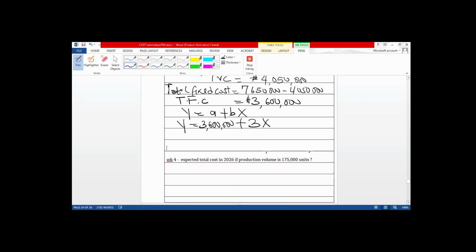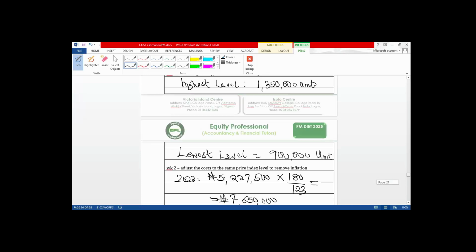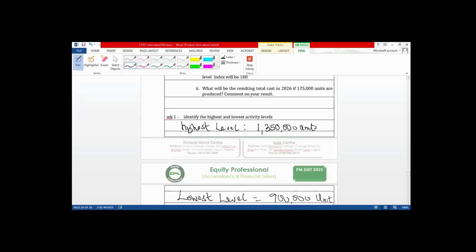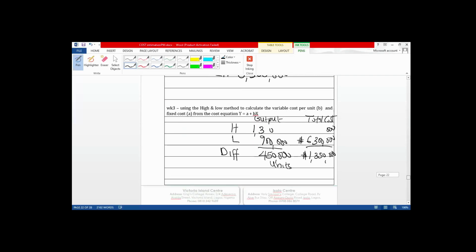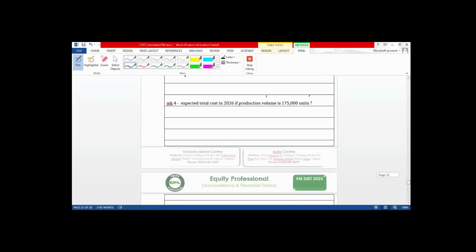If you look at the second part of the question, the examiner says, what will be the resulting total cost in 2026 if 175,000 units are produced? And comment on your results. What do we do? Since we have the cost equation now, total cost equation is 3,600,000 plus 3x.